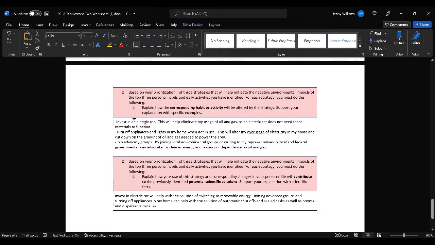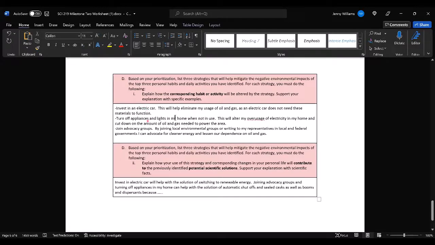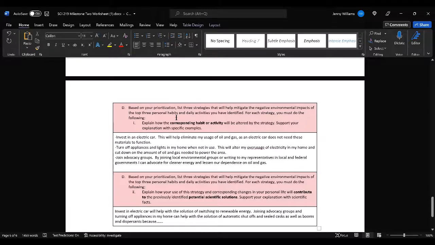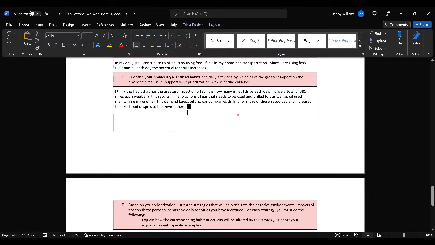So you can put those strategies from your activity in here, and then just explain how these strategies are going to help with this negative habit, this bad habit, right?